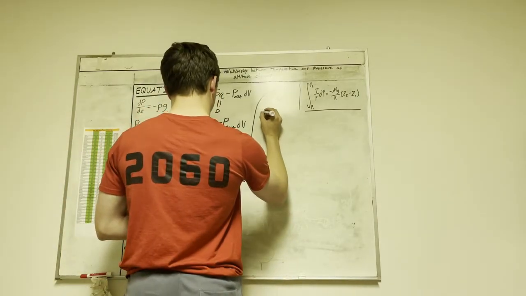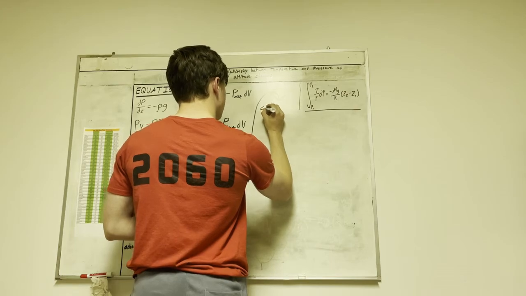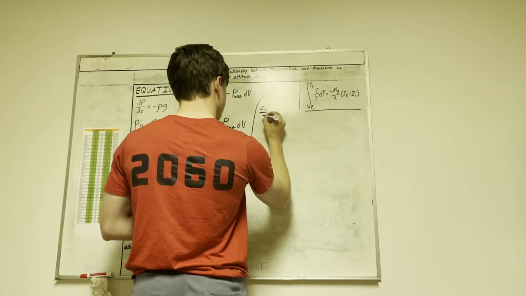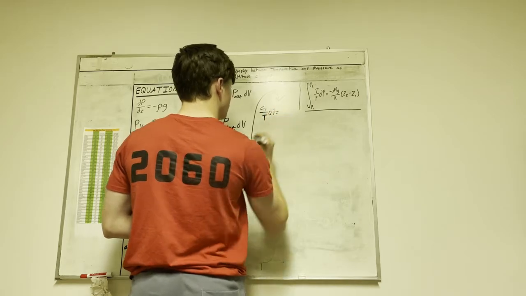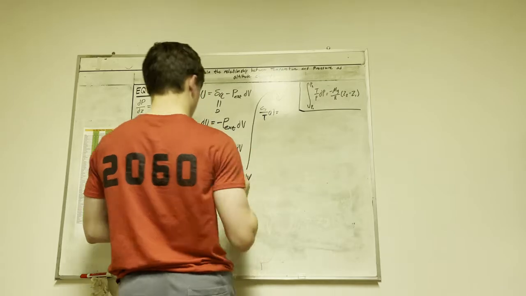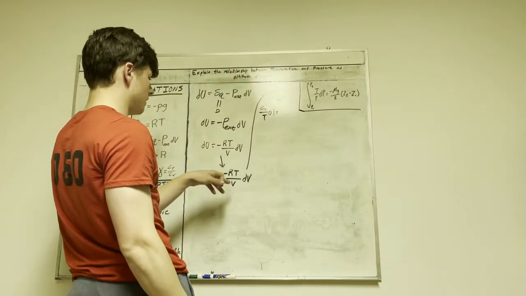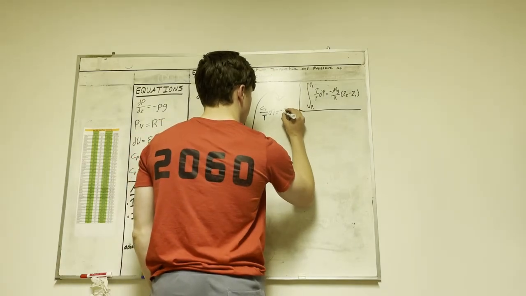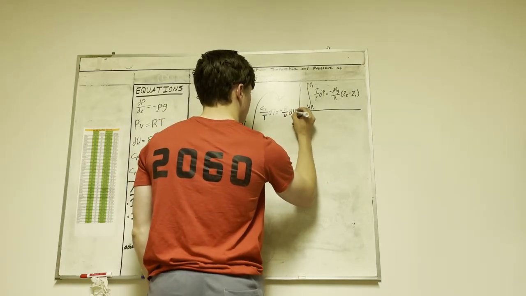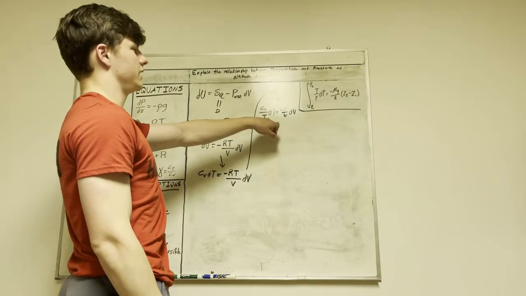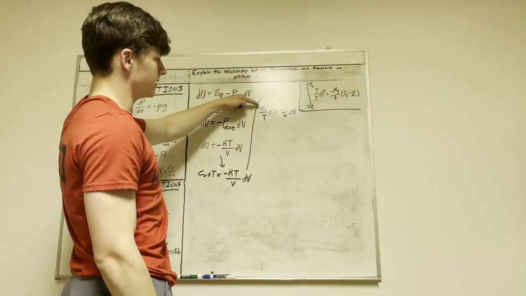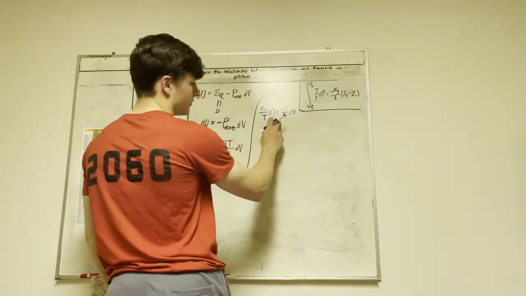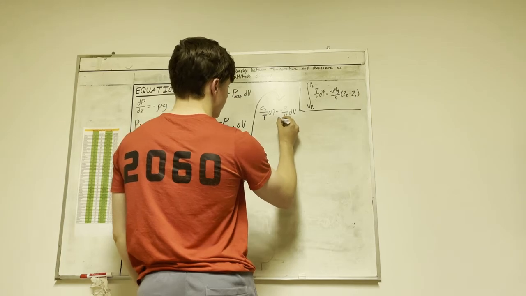So then we have CV over T dT is equal to negative R over V dV. And then with this, we integrate both sides, and this is a constant and that's a constant, so we can pull both of those out of the integral, which after integrating, we get this equation.